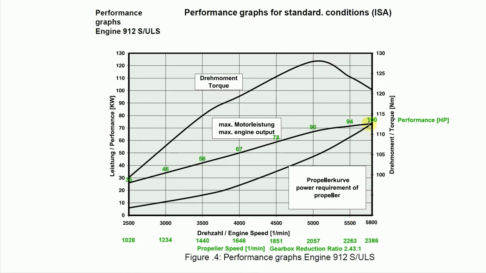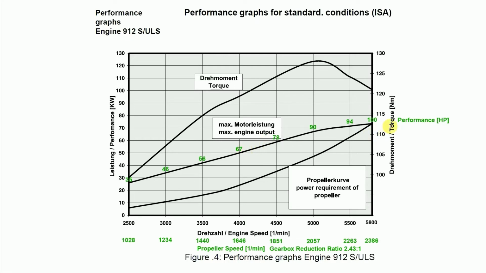If we reduce RPM to the maximum continuous engine speed of 5500 RPM, then engine output reduces to the maximum continuous engine output of 94 horsepower. And if we reduce the engine speed further, then maximum engine output decreases accordingly.